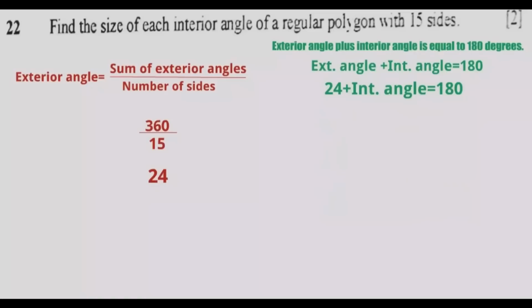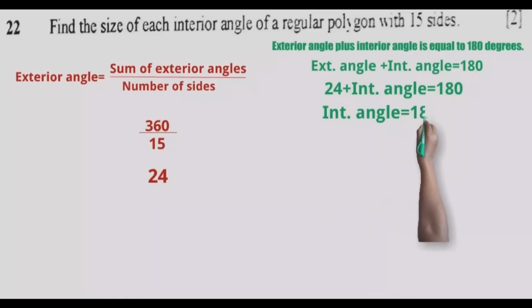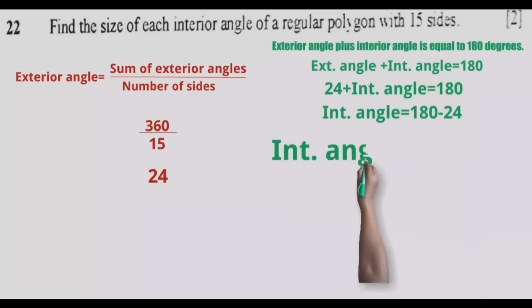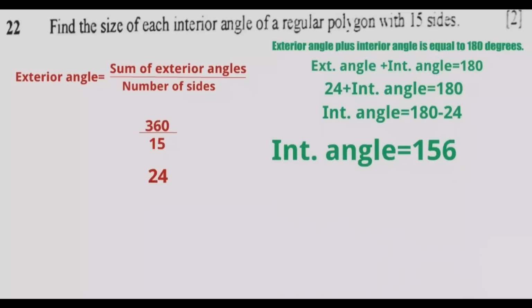Then we put like terms together: interior angle is equal to 180 degrees minus 24 degrees, which will give us 156 degrees. So the size of the interior angle of this polygon is 156 degrees.